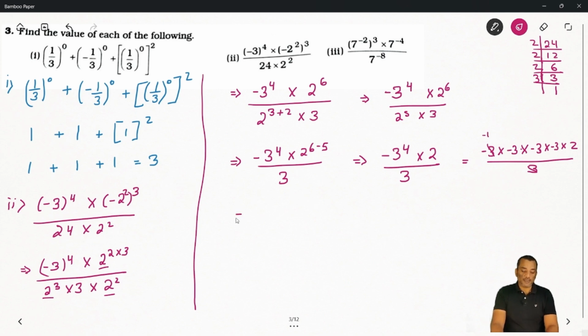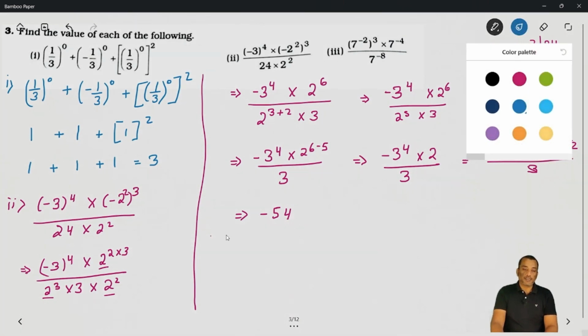So after that if you multiply this one, how much will you get? So you can say 2 times negative 3, you will get minus 6, and minus 6 times minus 3 gives minus 18, minus 18 times minus 3 you will get minus 54. Hope it's clear. Now let's solve the question number third bit.